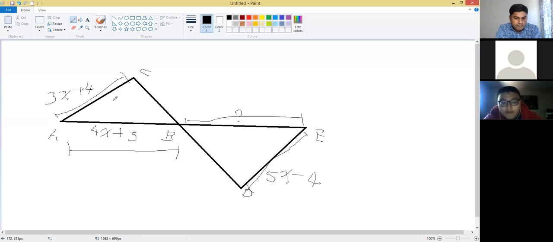So we know first, because we know triangle ABC equal to triangle BDE. So right now we have, that's a given information. So what should we do about it to find this line?